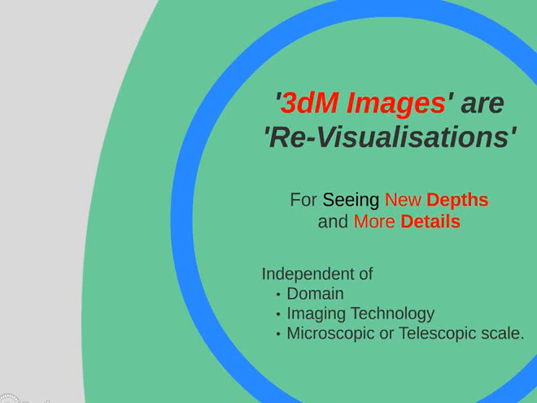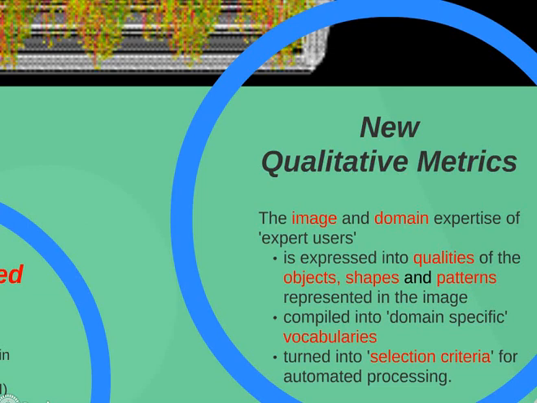That means the images are independent of the domain or application and of the imaging technology and of scale. As a result, the experts who are familiar with the images and know the ins and outs and ways of functioning of the imaging technology that produce the images, they can now quantify and measure things that couldn't be measured before. And these are new qualities.